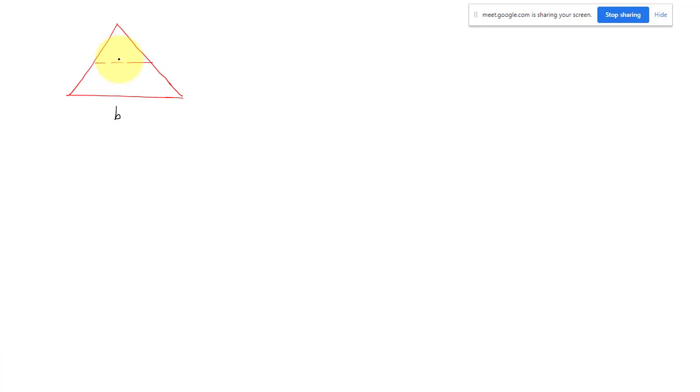This is b, this is b dash, h dash, and h. Now we have to use this equation: P into A by 2 into (y1 bar plus y2 bar). So again we have to find the centroid.